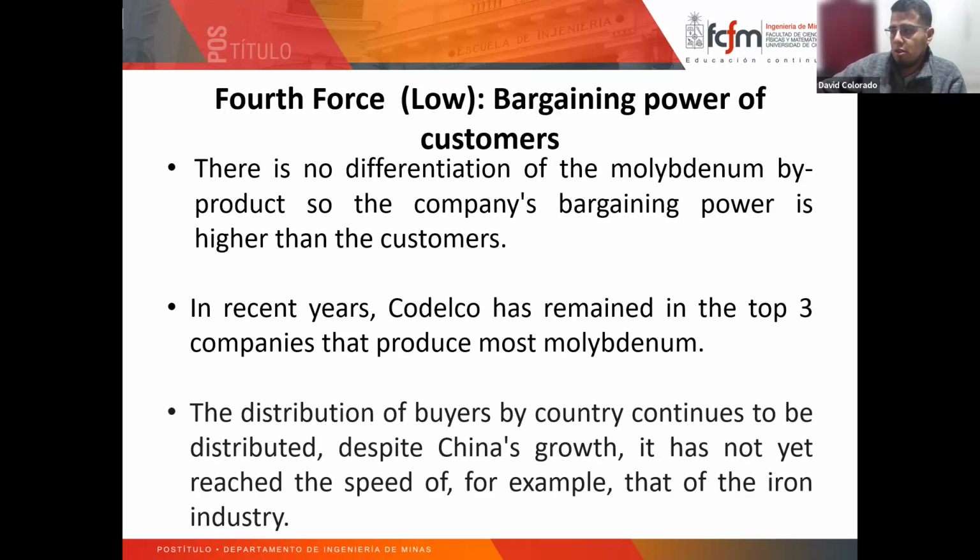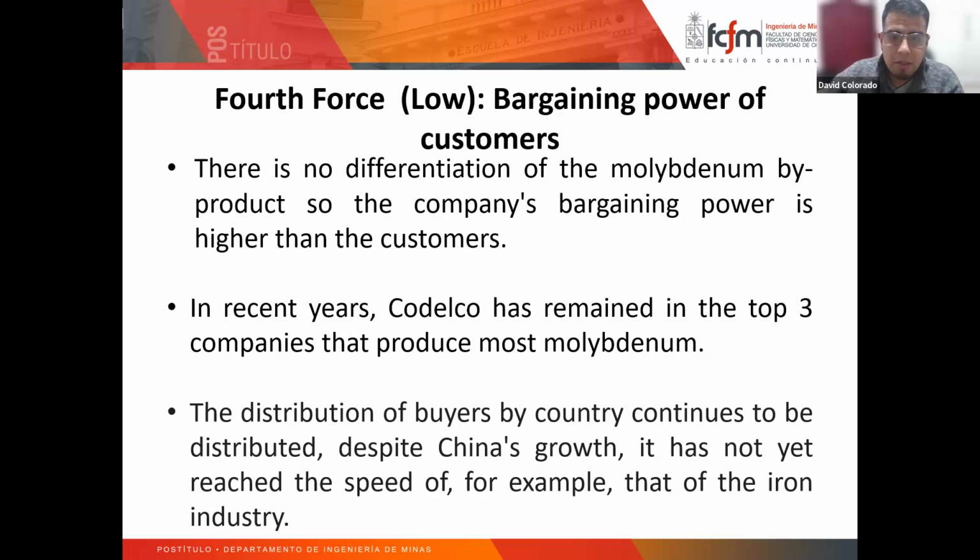In fact, Codelco produced more than 20,000 tons of molybdenum in 2021, only behind Freeport and Southern Copper, which means that in the molybdenum market, Codelco has a significant representation of clients, and consequently greater bargaining power.